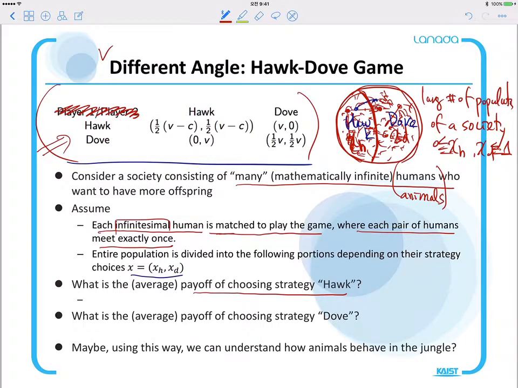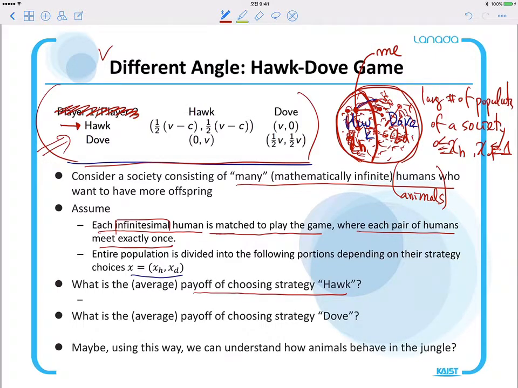I'm choosing hawk, but I can meet a lot of people here, even hawk. So here, this is me, and as I mentioned before, I'm going to match with the guy here or here and play this game.